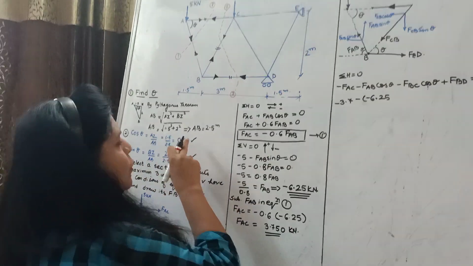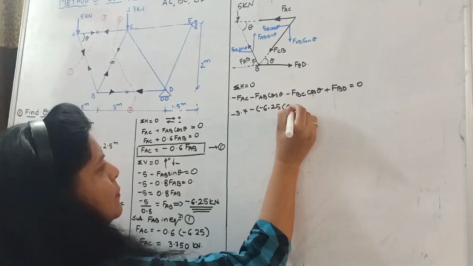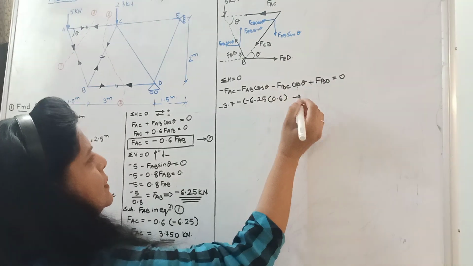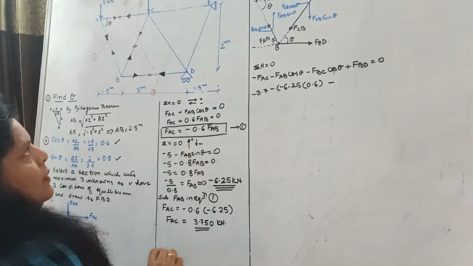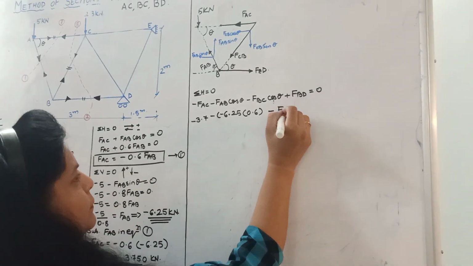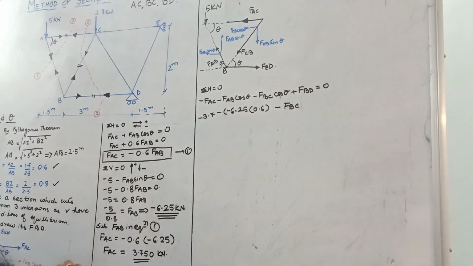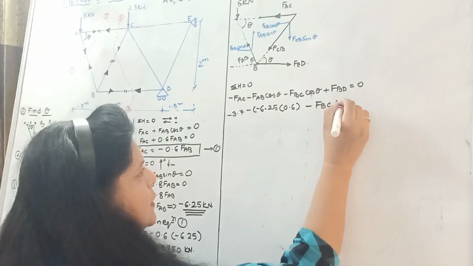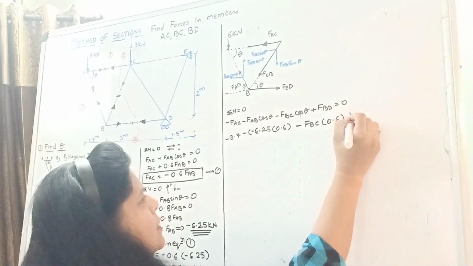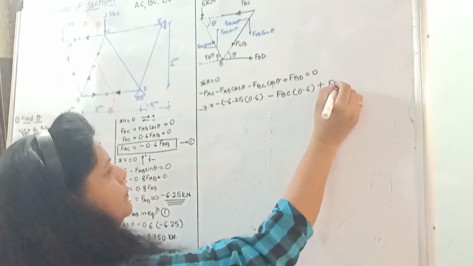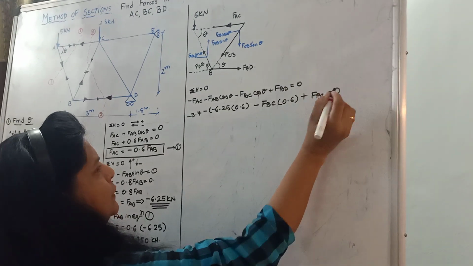We have calculated over here as 0.6, minus FBC into cos theta, 0.6, plus FBD, that is equal to 0.